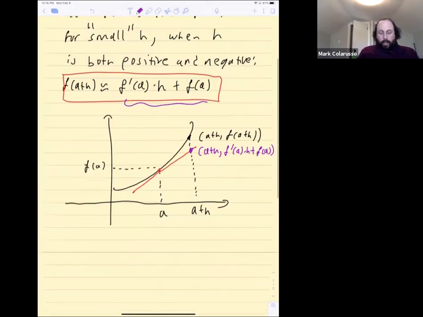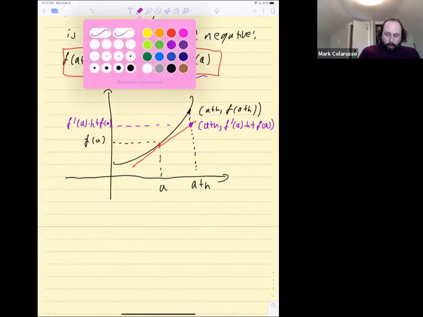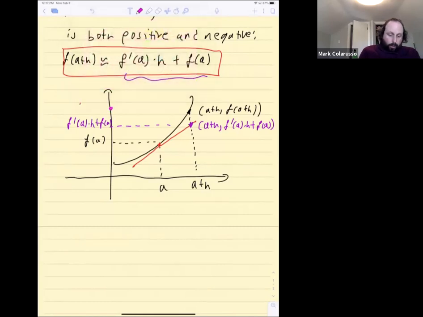And what we're saying is that if h isn't too big, then this value, f prime at a times h plus f of a, is not too far off from the value you actually want, which is this pink one, f of a plus h.